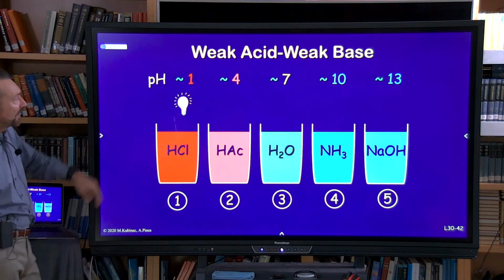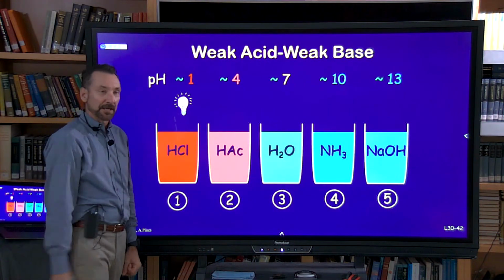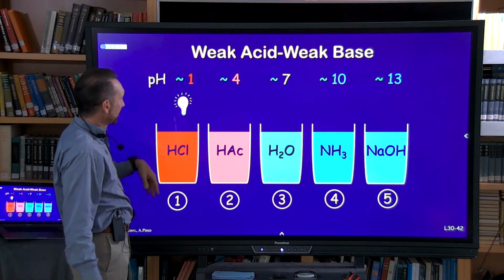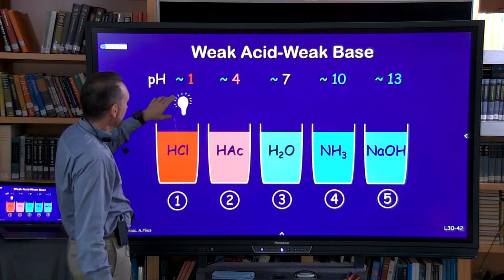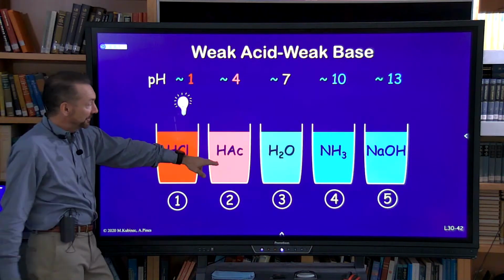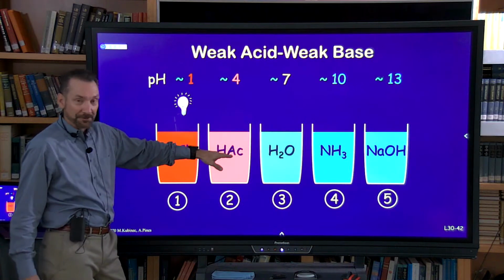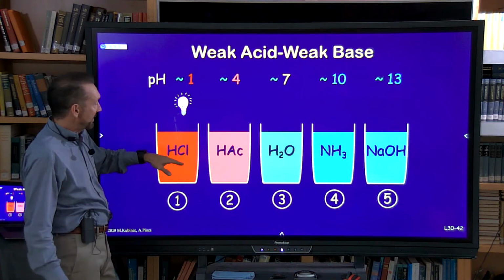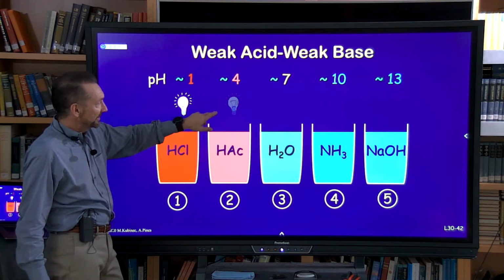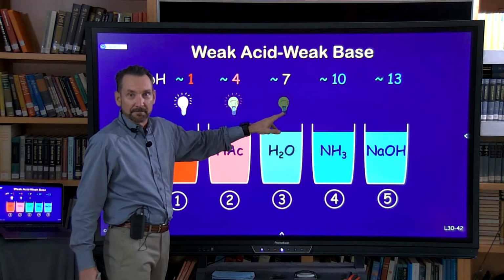So what about their conductivity? What if you do the bright light thing and put your little conductivity bright light meter in there? This, lots of ions because it totally dissociates. This dissociates less, so fewer ions for the same amount of HAc as HCl, so a dimmer light. This, we know, pure water, barely any light at all.